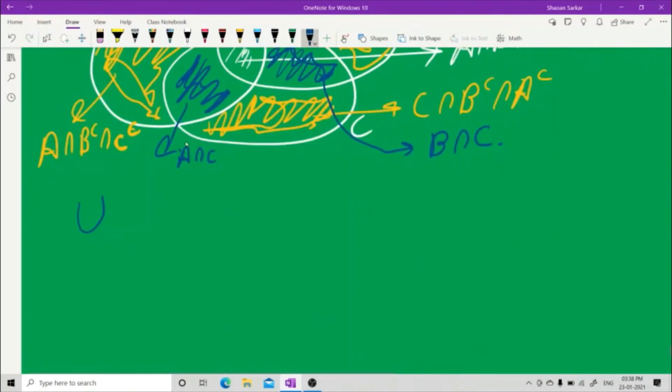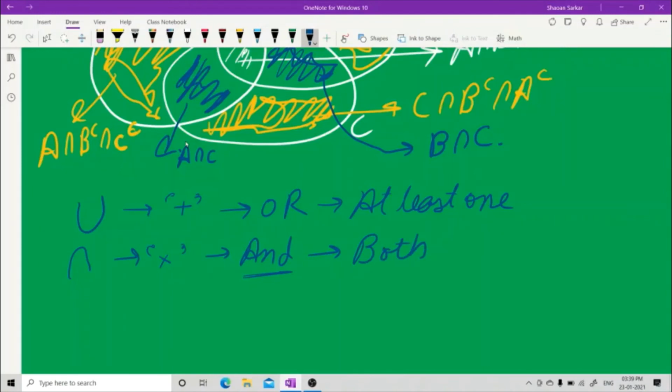We will basically use the symbol union for plus, and this means or at least one of them. Intersection means multiplication. I'll use this later on. And means intersection, and this means both, or if there are many of them, all of them. This is what it means.